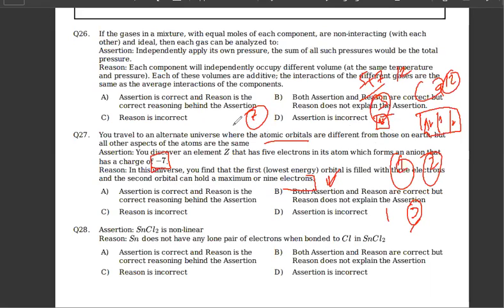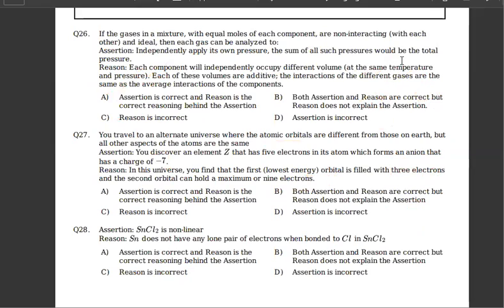The configuration is 2s3 and 2p2. Since it can have 9 electrons, it can get 7 more. A correct explanation. Got it, everyone? Tell me, got it? Yes? 27? Abhiram, got this?